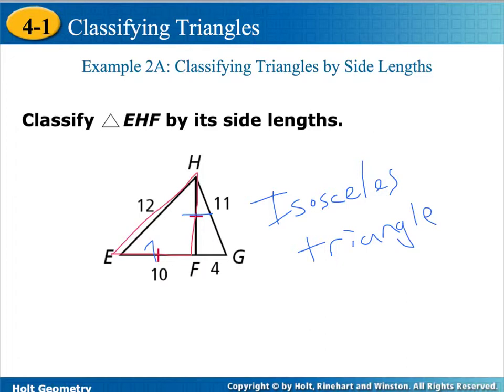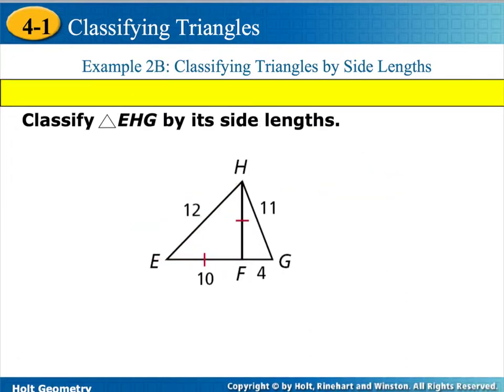Sweet. Next one. Please write this one down by its side lengths. Okay, EHG. When we look at the overall side lengths, we have 12 as EH, we have 11 as HG. Then what is EG? We would need to add these 2 together to get 15.